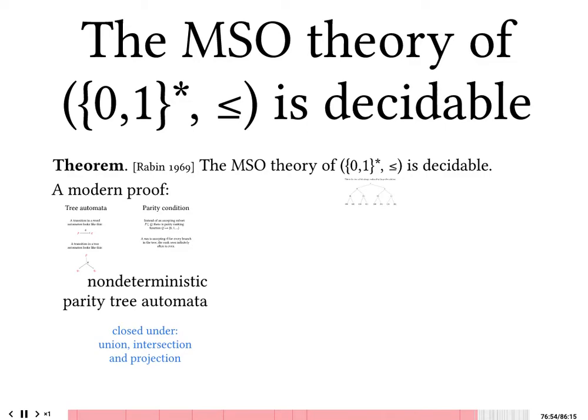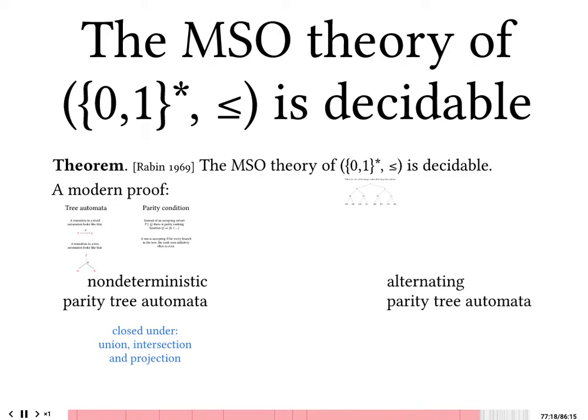However, complementation is problematic. The main technical content of Rabin's paper was a proof that non-deterministic tree automata, in his case not with the parity condition but with the Rabin condition, but that is very similar, are closed under complement. And this is the main part of Rabin's theorem.